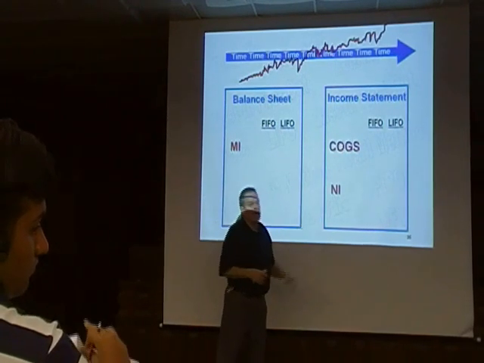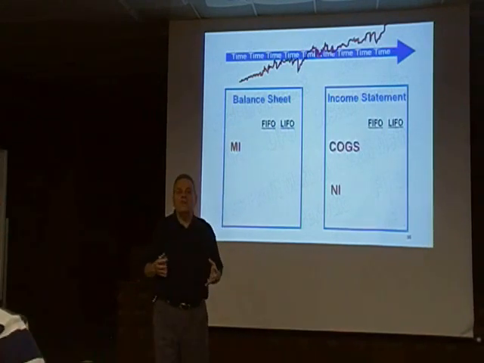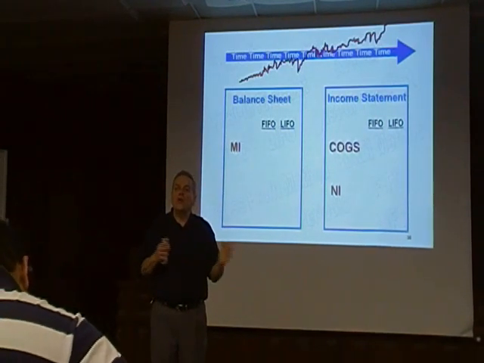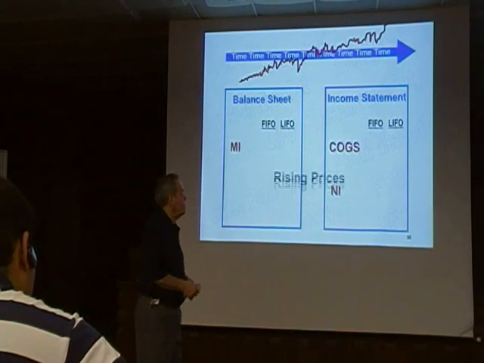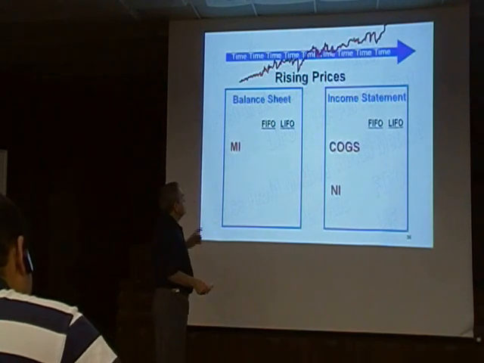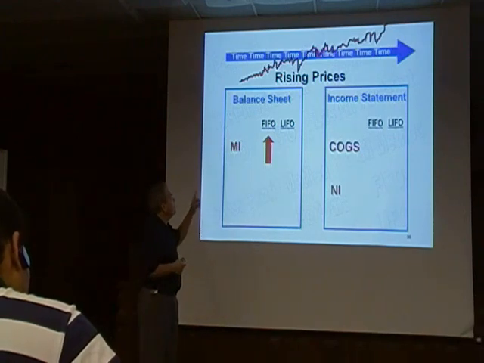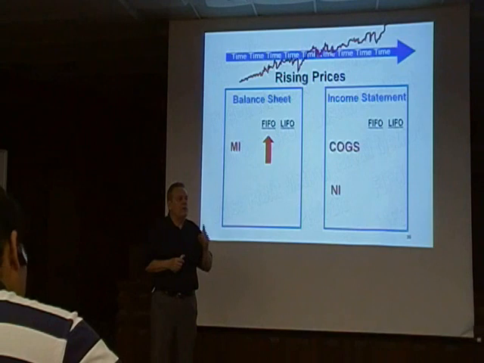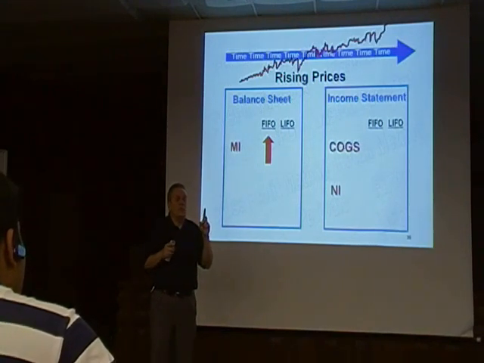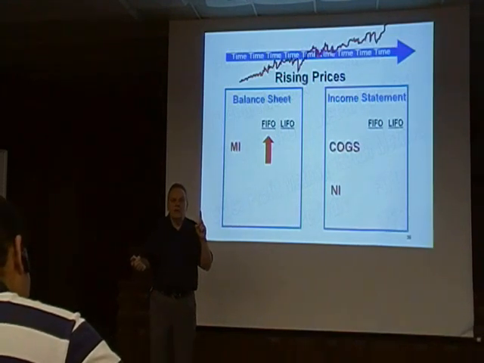Cost of goods sold and therefore net income on the income statement would be affected how? By our choice to pick FIFO or LIFO. Well, let's talk about this period of rising prices. If we choose FIFO, merchandise inventory will be higher than it would have been had we chosen LIFO.